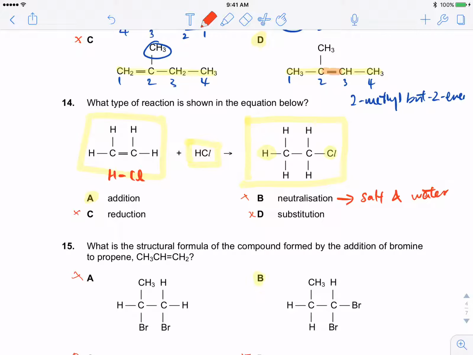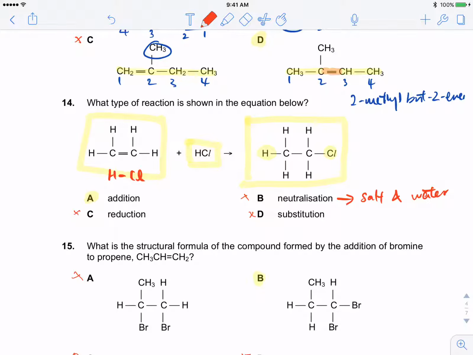Yeah, but it's sadly not a reduction. It is an addition reaction. As to how to explain it, if you calculate the oxidation state of, let's say, the hydrogen here, chlorine here, nothing has changed. So there's no change in the oxidation state. Therefore, it's not a reduction.